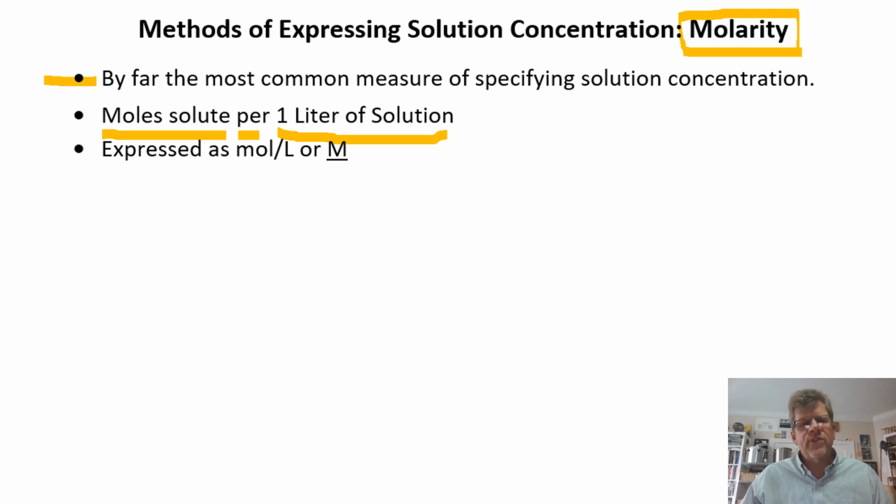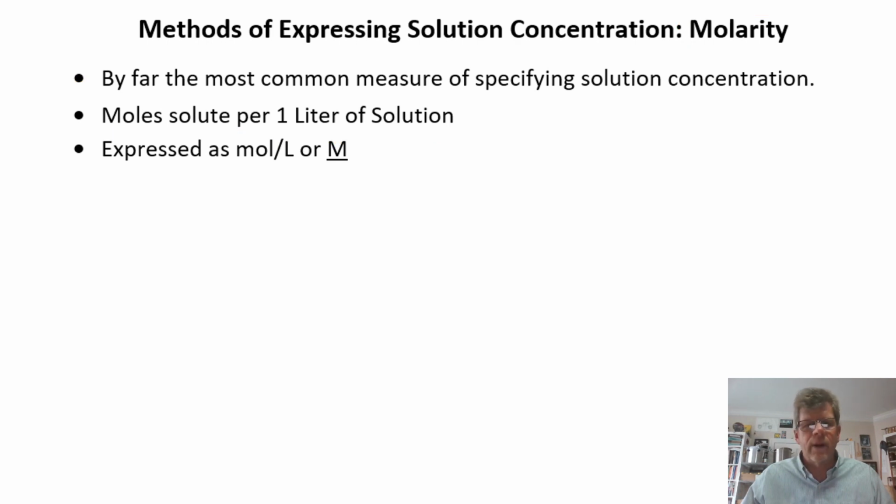It is expressed as moles per liter, number of moles per 1 liter, so that makes sense. You see that division line for the per expression.